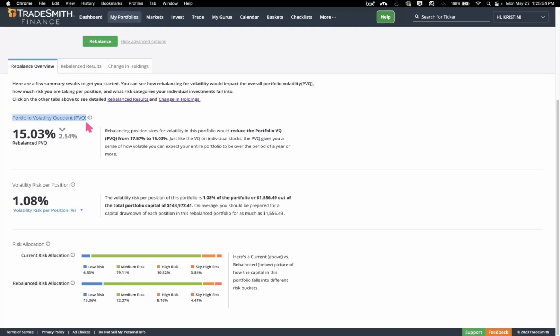All right, and in your script, I did put the volatility quotient breakdown. As you know, TraceSmith defines the risk of any security by the VQ. It represents the security's normal risk and is based on historical prices. So let me just break that down for you really quick. Any stock up to 15% VQ, we consider low risk.